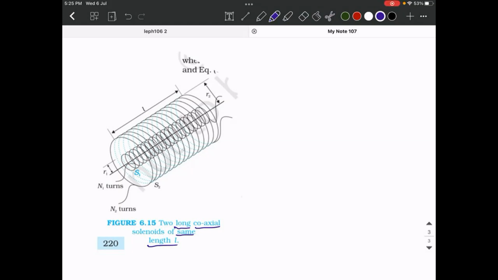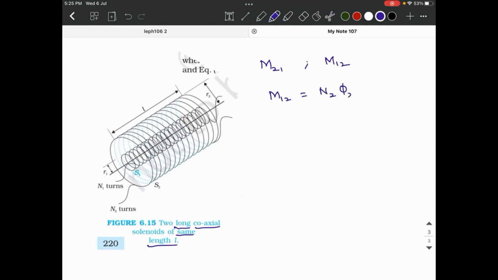Now our job is to find M21 and M12 and the relation between them. First, I'll start with M12 because M12 is comparatively easier. So M12 is how much?